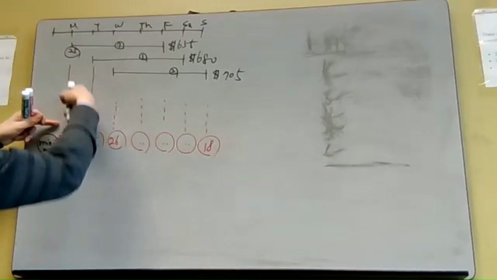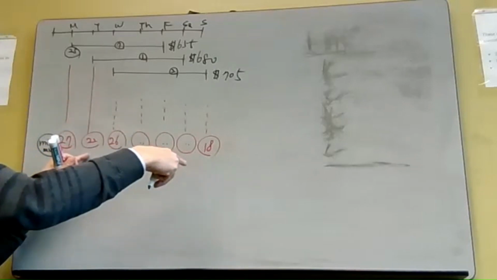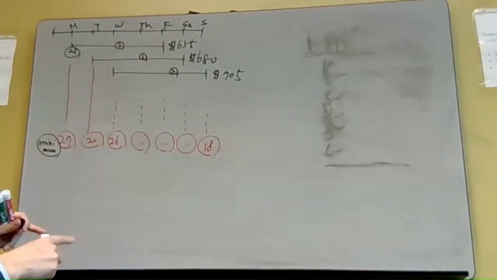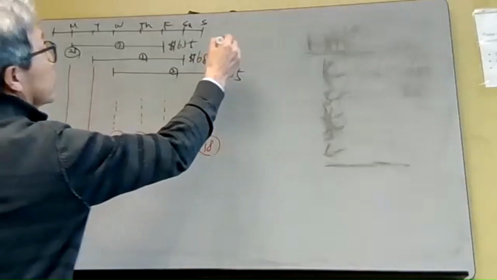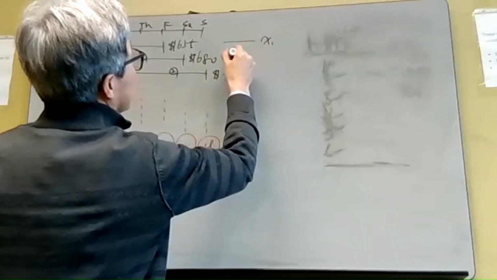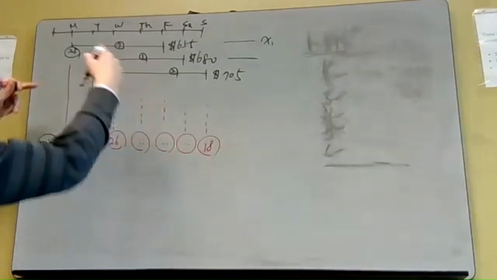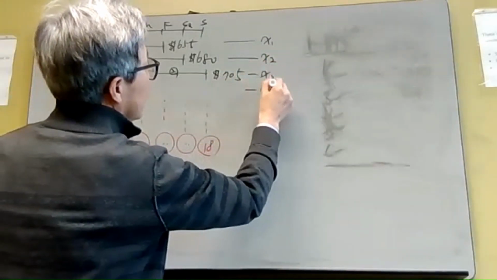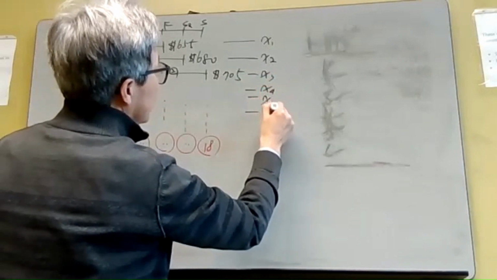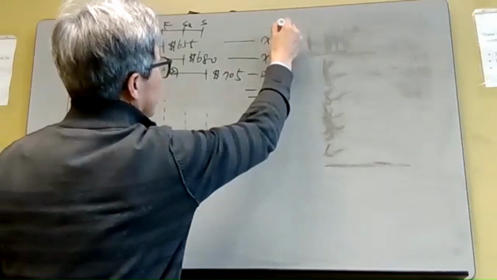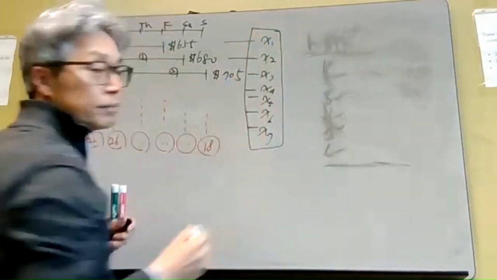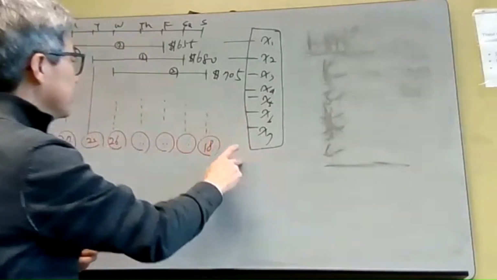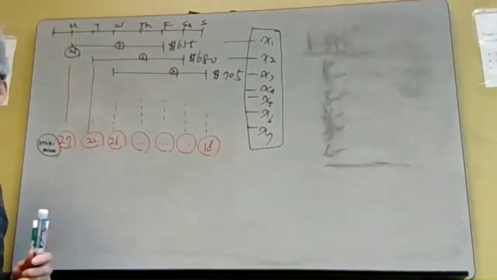However, that doesn't meet all other requirements. That's why I try to find the number of workers assigned to each shift. So these are the decision variables to meet this requirement.